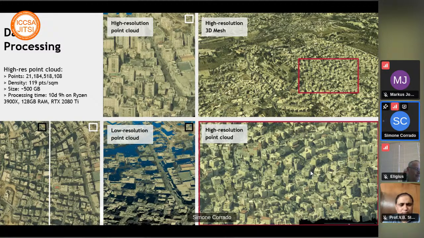We were able to even derive the facades, so a very clear mapping of the status quo. You can hardly see it here, but it's quite accurate, you have to trust me. And of course, a 3D mesh for representing reality in a photorealistic way.